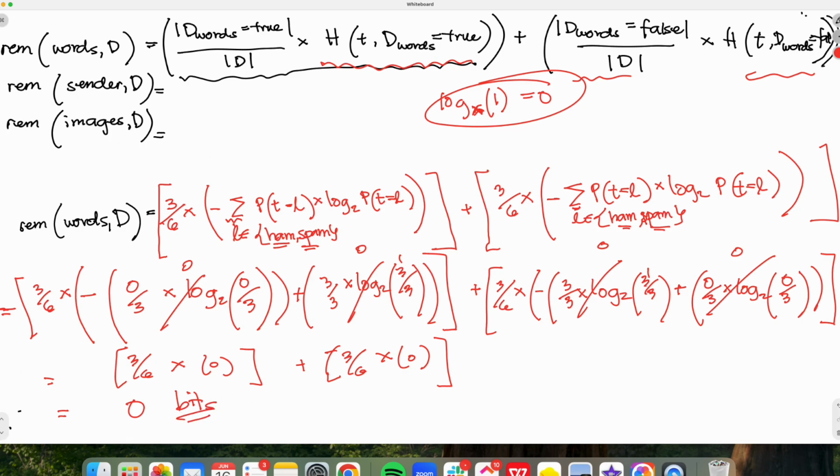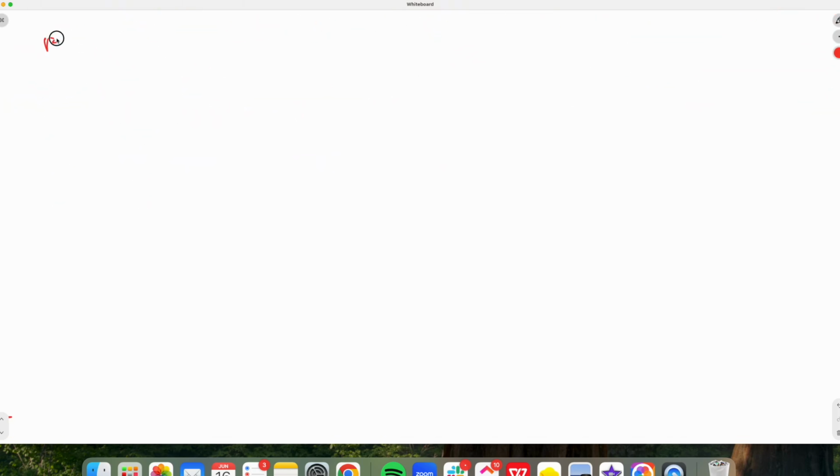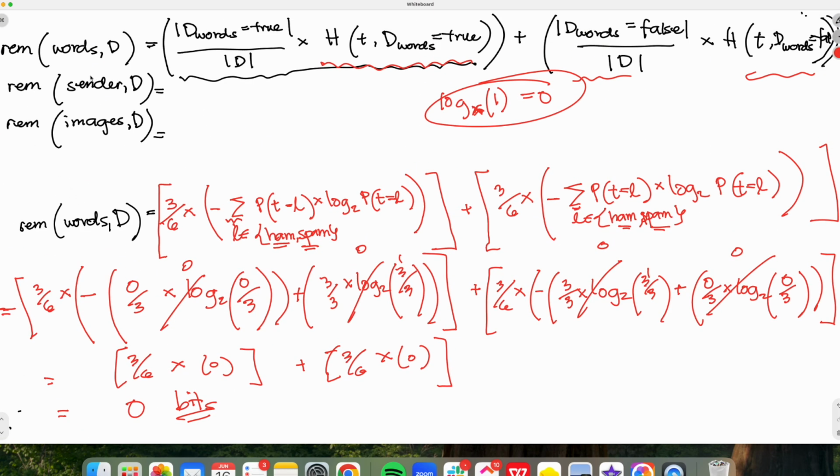So we should write the remainder of words is words such in the data set is equal to 0 bits. I'm going to solve for the remainder for sender and images. So let's just compare our answers. I'll show my solutions in the next seconds, and then you can double check from there.